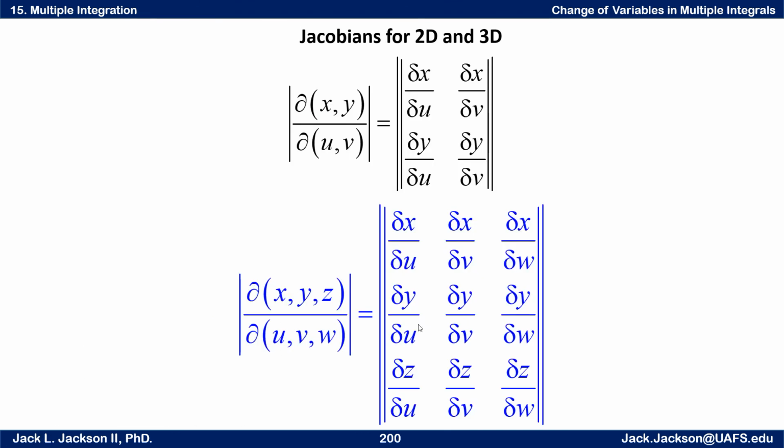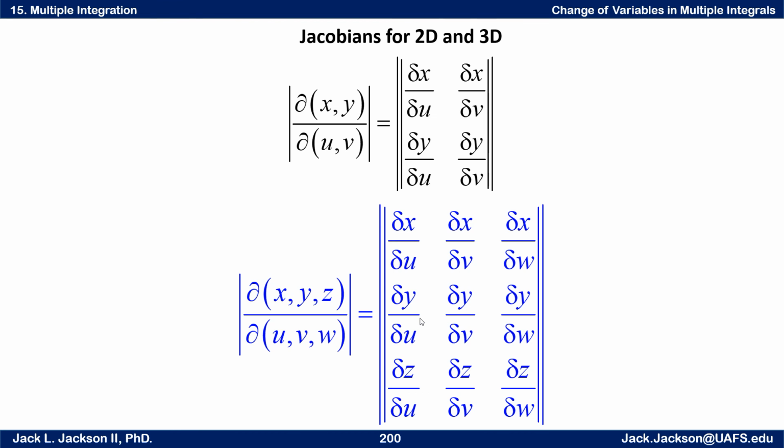And so here we see the Jacobian for 2 dimensions, actually the absolute value of the Jacobian, in determinant form. And here we see the same thing for 3 dimensions, and of course it generalizes exactly like you would think. Across the top row of your determinant, you have the partial derivatives of x with respect to u, v, and w, your 3 variables.